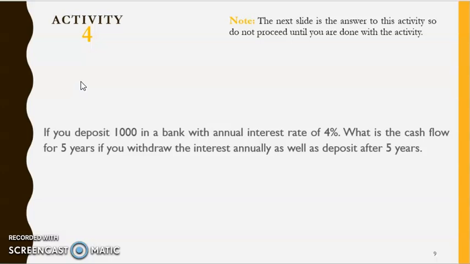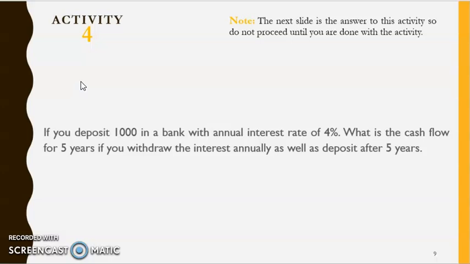So see what it is asking you. You are putting a deposit in a bank and the annual interest rate is 4%. Now it asks you about the cash flow.